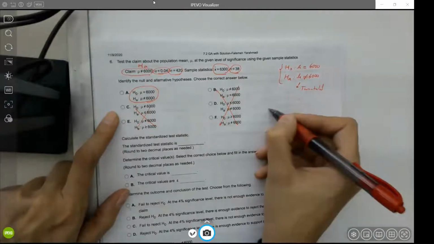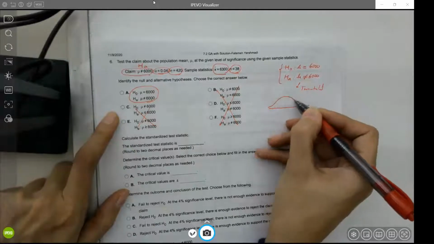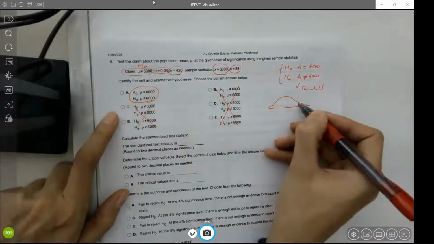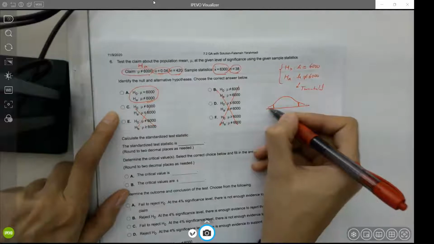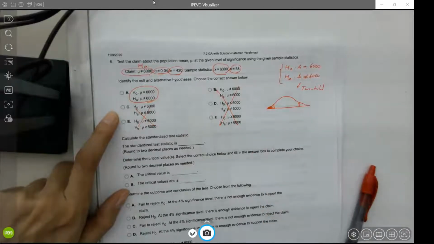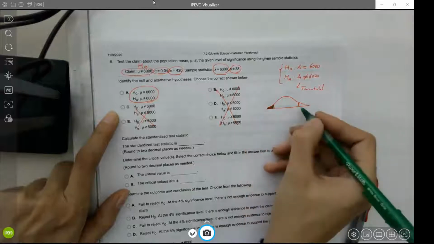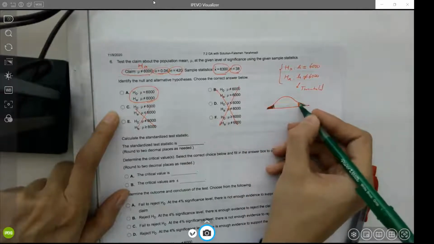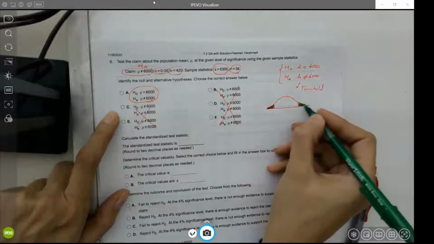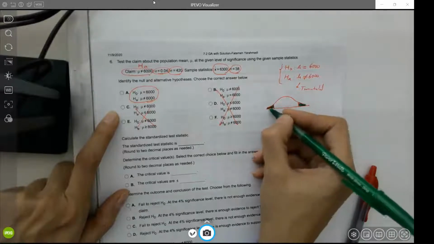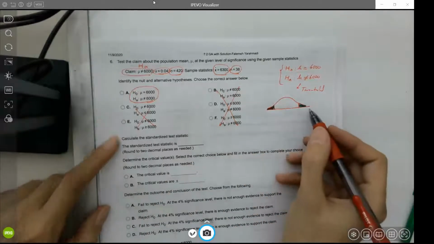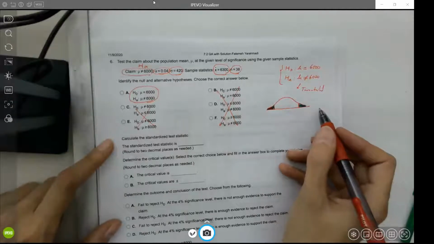Quickly graph it. So some part of the area is on the left. Let me use the green color, green region. And some other part is on the right-hand side.